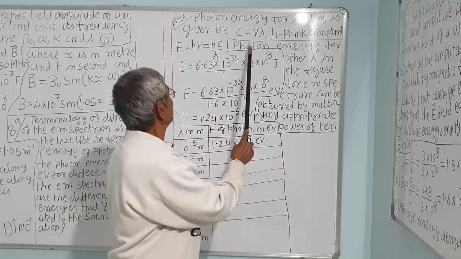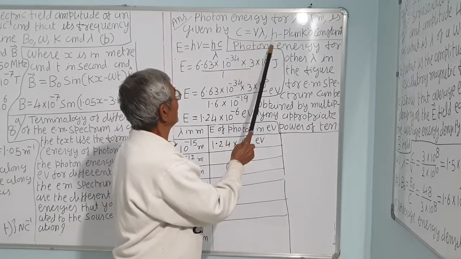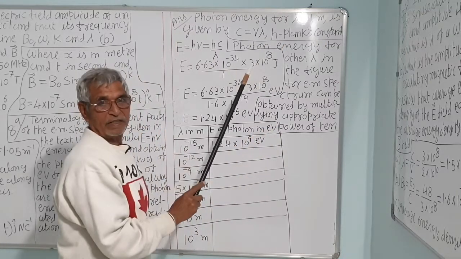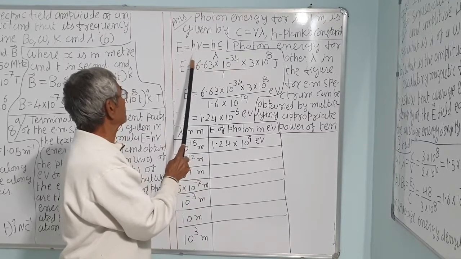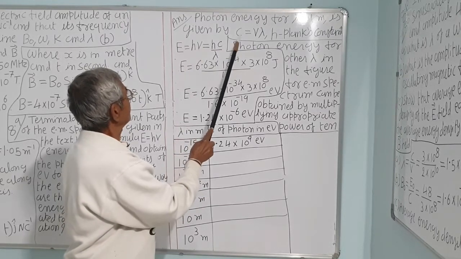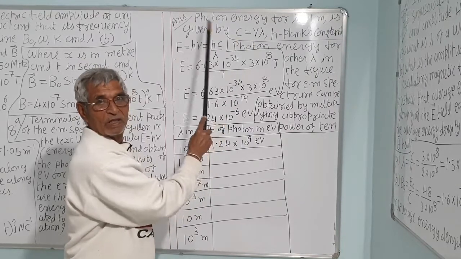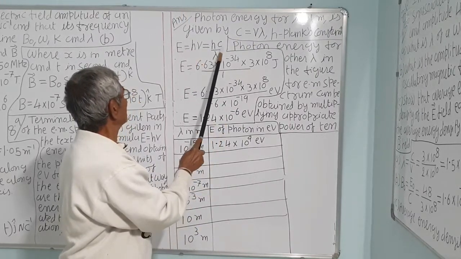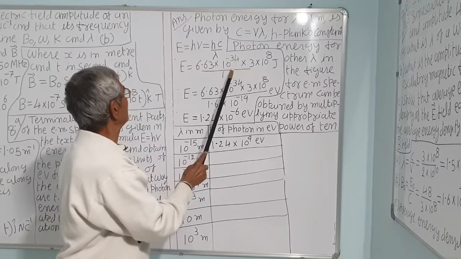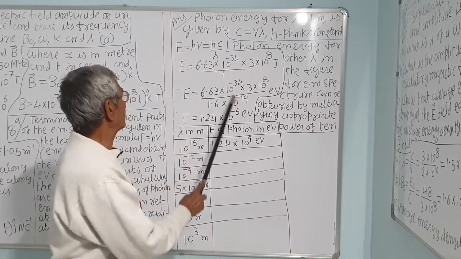Velocity is equal to frequency into wavelength, h is the Planck constant, correct. So energy E is given by this energy equation, h into nu. So nu is the frequency, and we know that nu is equal to c upon lambda. So E is h c upon lambda. h is the Planck constant, 6.63 into 10 raised to minus 34, c is the velocity of light and lambda is the wavelength.